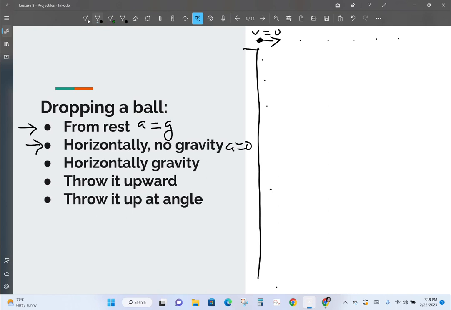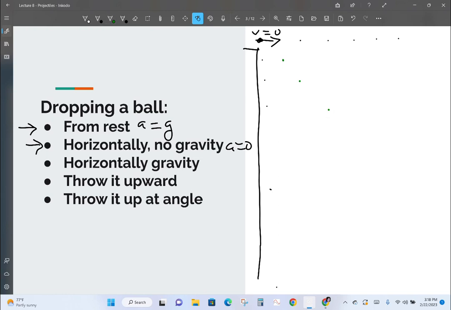So what happens if we actually throw it forward and there is gravity? Well, it would move forward at a constant rate, but it would also drop. Oops, that doesn't look good.